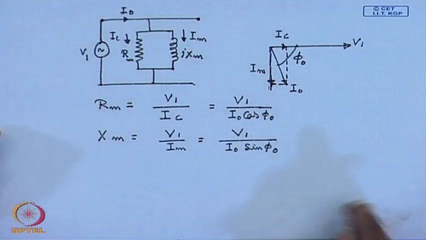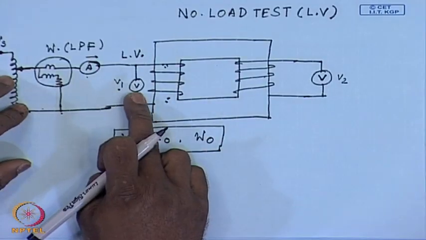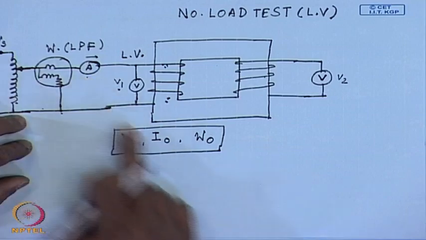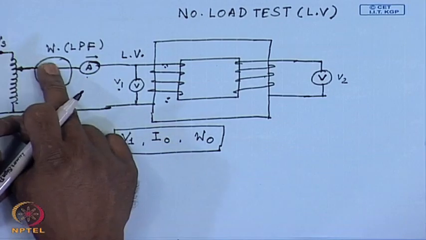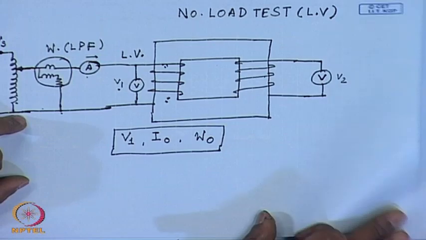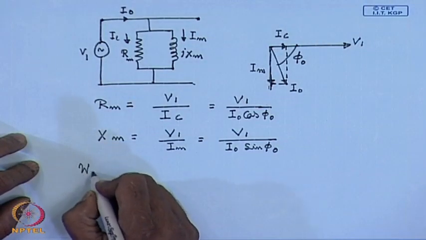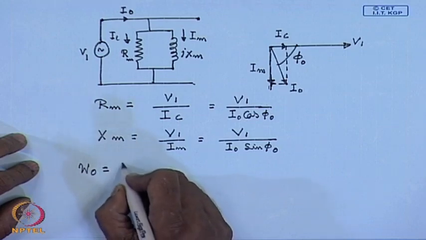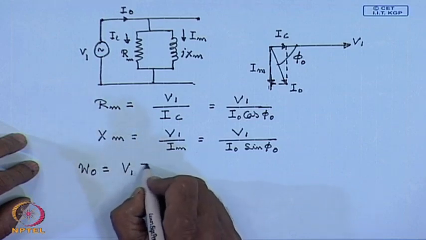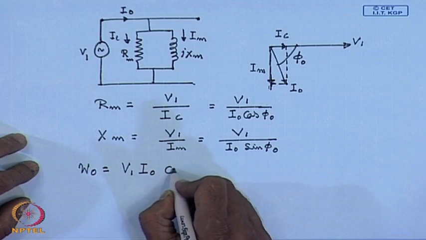So, from the meters, from the voltmeter I read V1, from the ammeter I read I0 and from the wattmeter we read the power reading W0. So, what is cos phi 0? Now, W0 equal to V1 I0 cos phi 0.